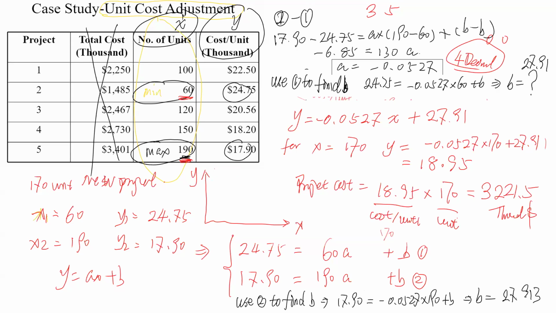But our data is not exactly falling on it. Our data is as close to it as possible. In this case, we're using this minimum and this maximum to get it, but our other data may be here.